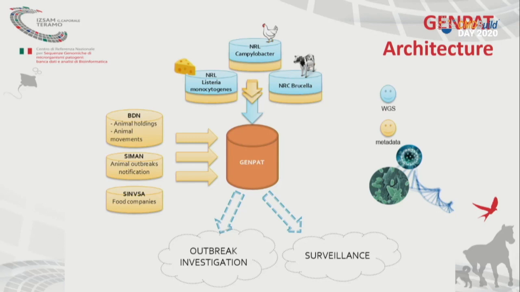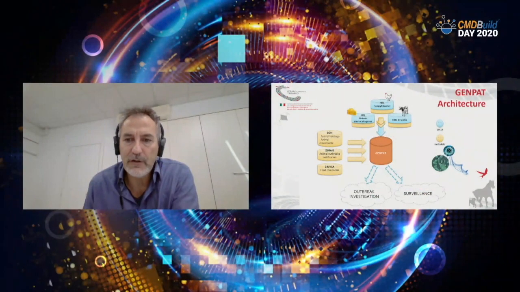For Brucella, the CMAN, the animal outbreak notification, is important to understand if we have holdings with infected animals, and CINSA is a system for food companies. All these are official national systems that are brought together in GEMPAT in order to improve the metadata of this kind of pathogens. All these things are meant to provide means for outbreak investigations and surveillance. Next slide, please.